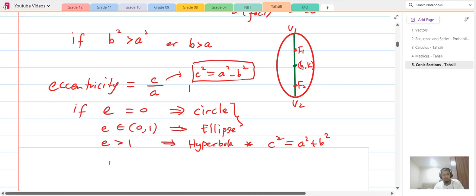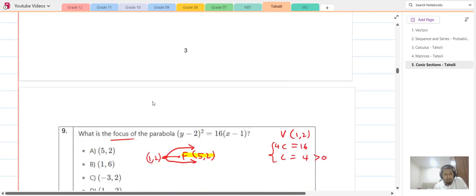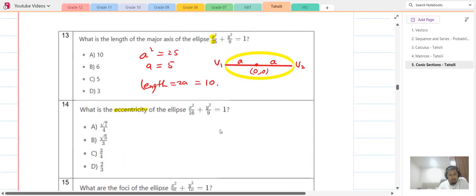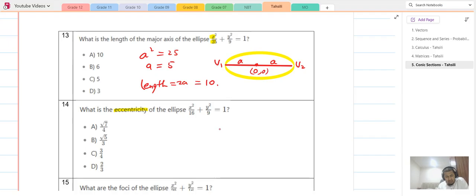Now let's go back to our eccentricity problem. So the eccentricity of the ellipse, we know c squared is equal to a squared minus b squared. A squared is 16, b squared is 9. 16 minus 9 is going to give me 7. So the value of c squared is 7, so the value of c will be square root of 7.